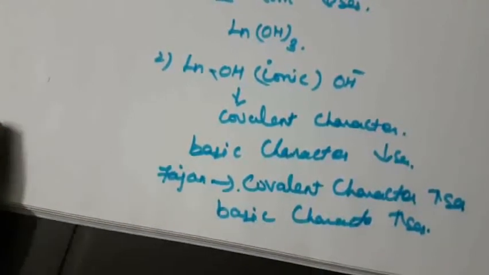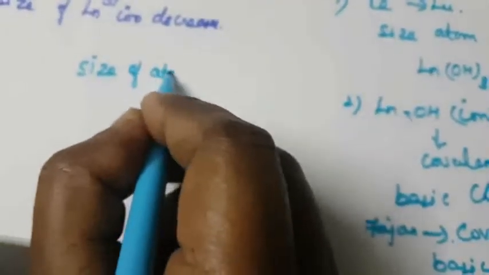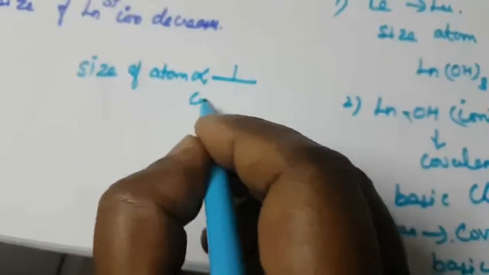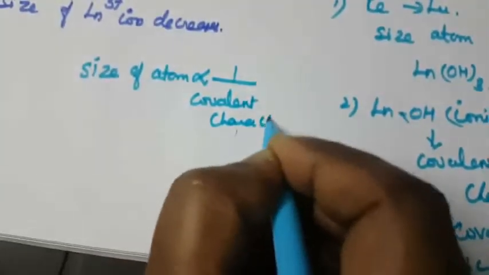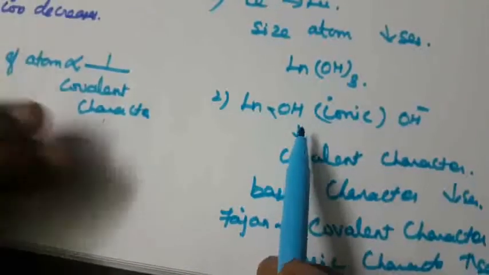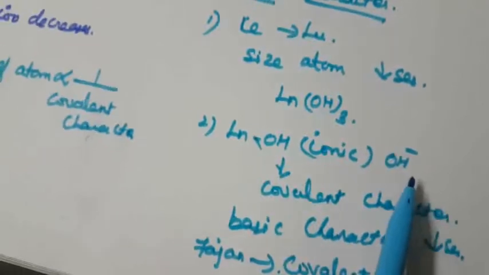The size of the atom is inversely proportional to the covalent character. So here, suppose lanthanide hydroxide is ionic in nature, the OH minus ion is easily liberated.